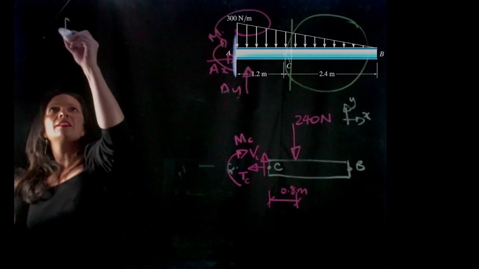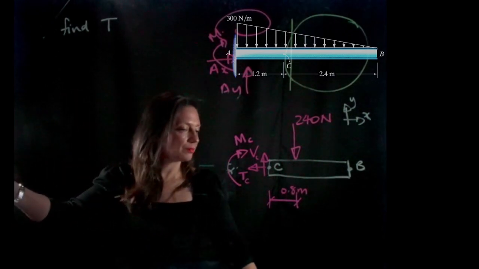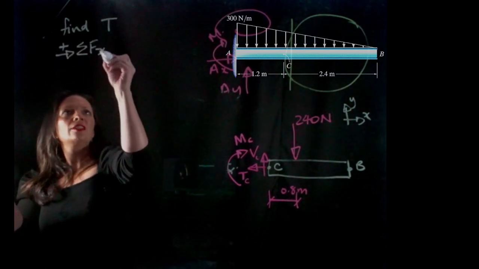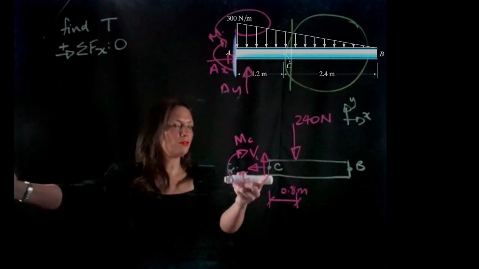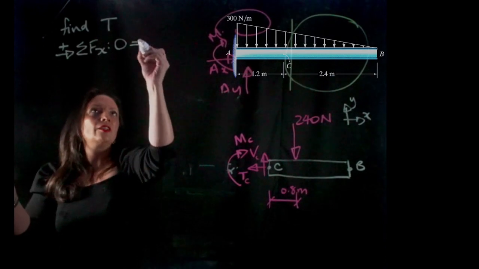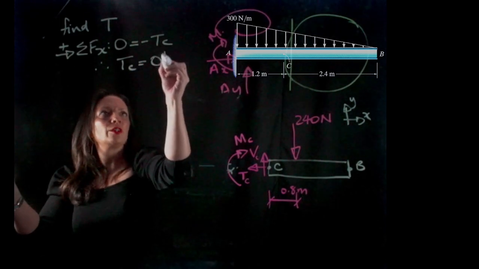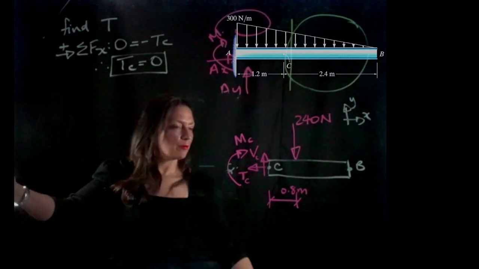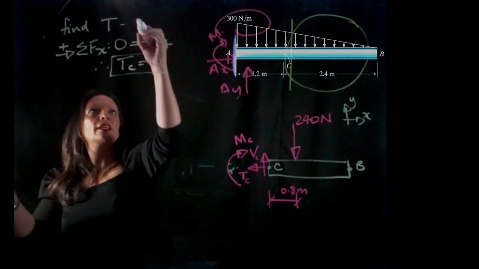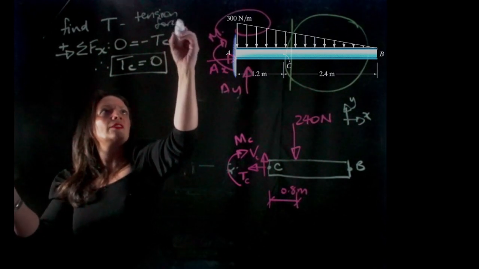So if I want to find tension, T, I can do the sum of the forces in the x direction has to equal 0. So what forces do I have in the x direction? Well, actually, I don't really have any. So here I have minus T, so therefore T equals 0. Okay. So that's my tension force, or the normal force.